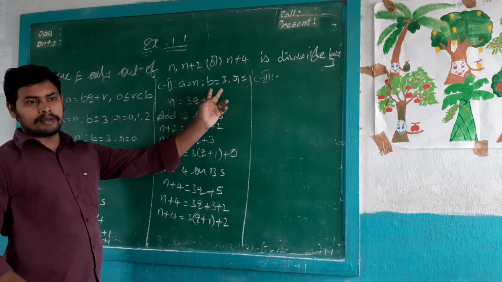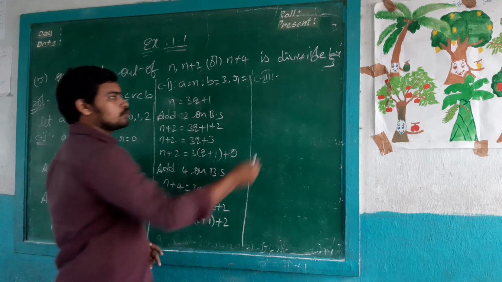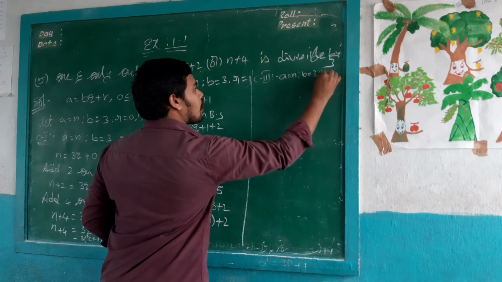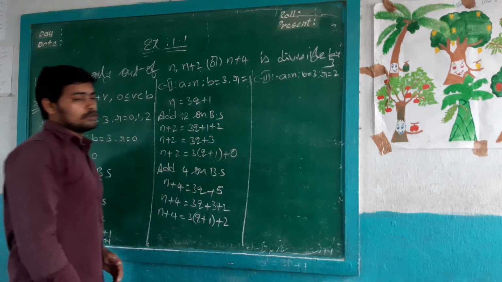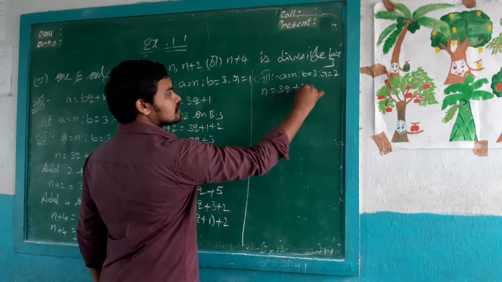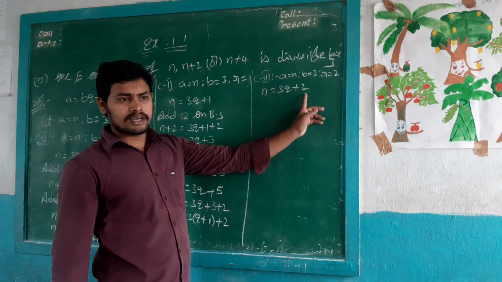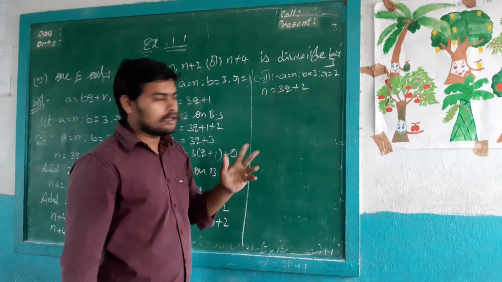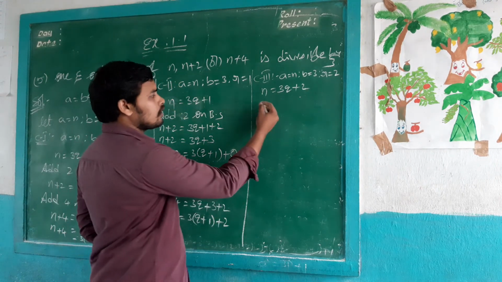Case 3: a equals n, b equals 3, r equals 2. So n equals 3q plus 2. The remainder is 2, so it is not divisible by 3, and it does not satisfy the given condition.